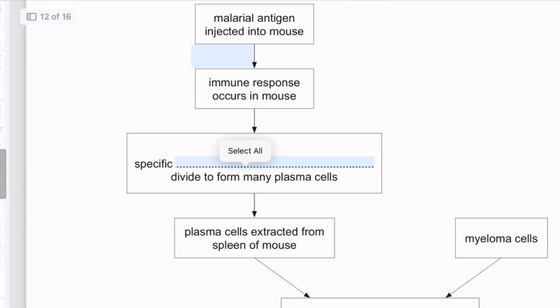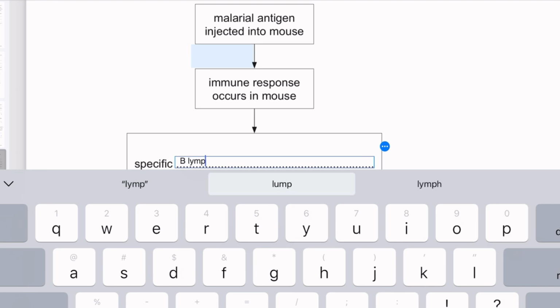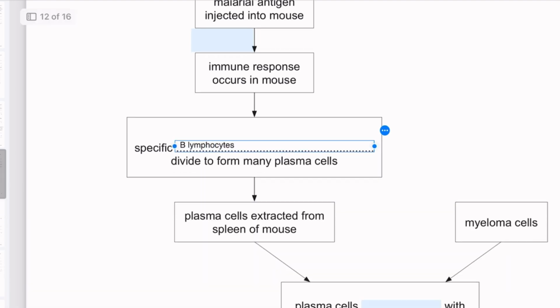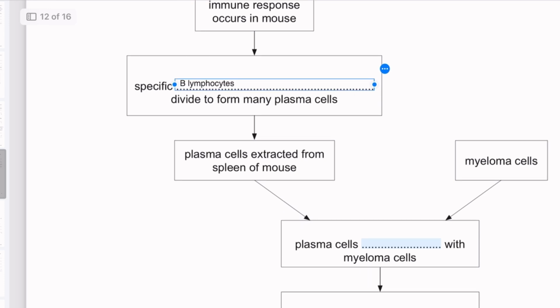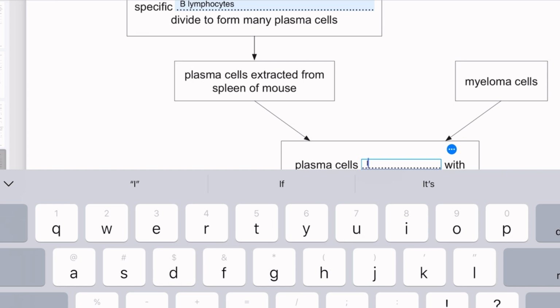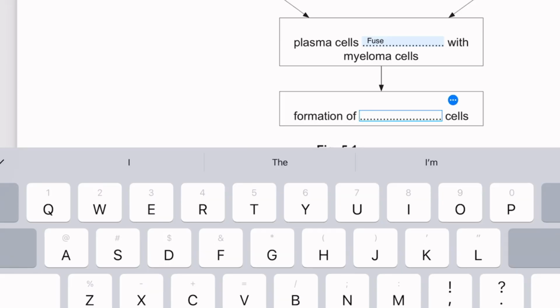The specific B lymphocytes able to produce antibodies against the specific pathogen divide to form many plasma cells, and these plasma cells are extracted from the mouse. Then there are myeloma cells, which are cancerous cells. They fuse together, so plasma cells fuse with myeloma cells.